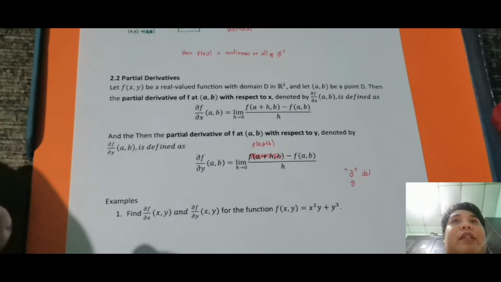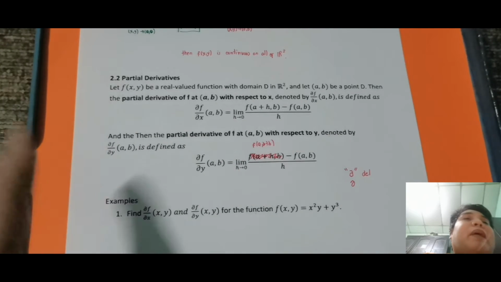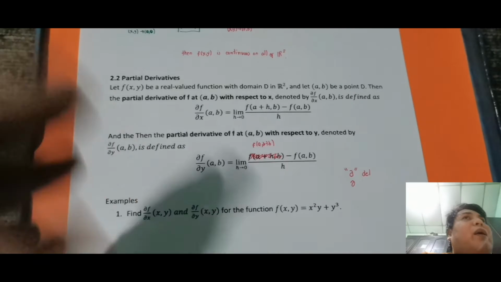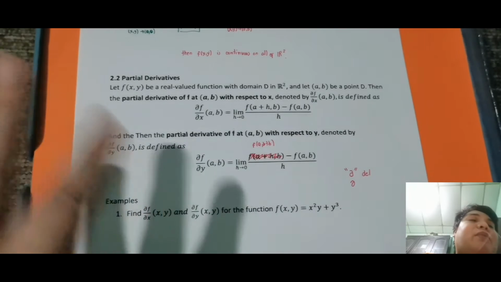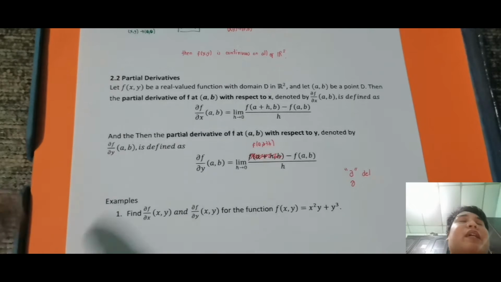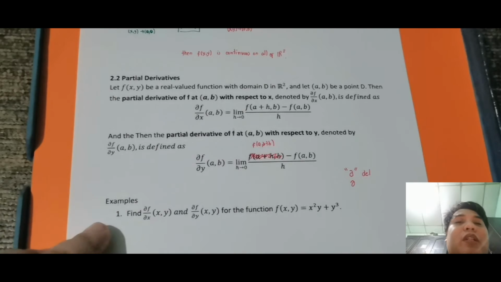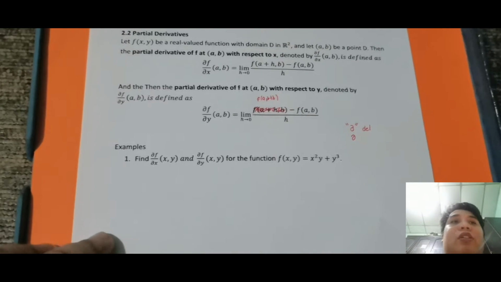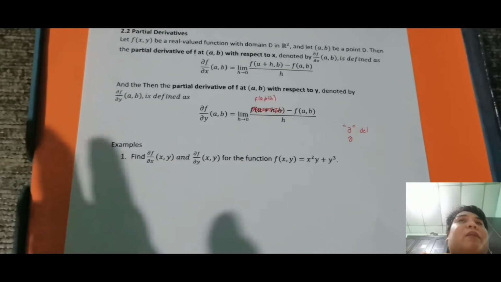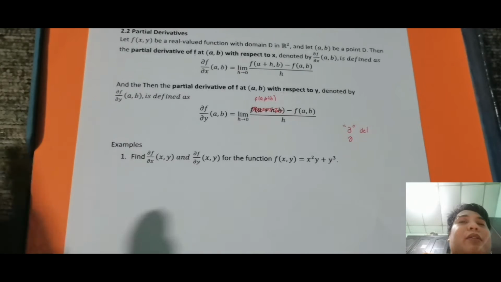So say with respect to x, meaning I just differentiate the whole function with respect to x, but the variable y, or the other variables other than x, will be considered constant. Okay, remember. If with respect to y, then x is considered as constant. Actually I put in an example. I made it a bit more so you can at least understand the idea. Again, the idea is normal differentiation, but I consider one part as constant.